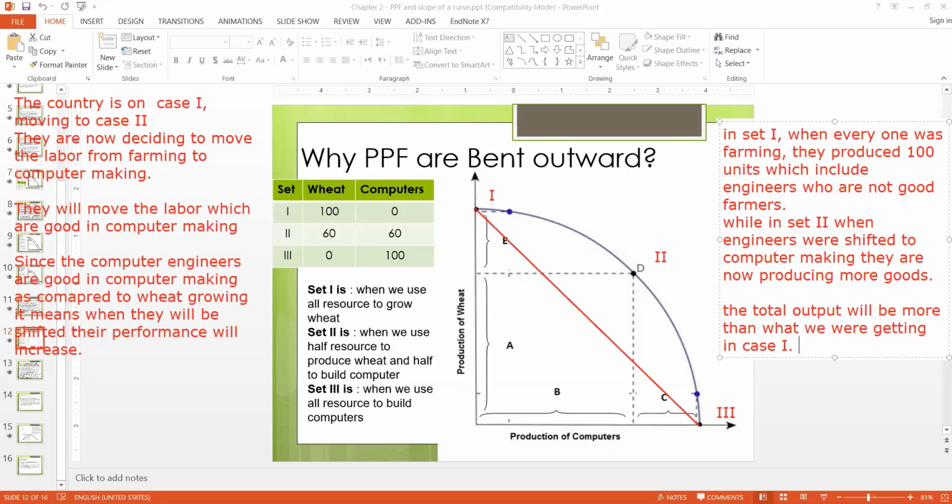When the engineers move to computer making, they are in the field where they are experts, so they are producing more, and the farmers are no longer interrupted or disturbed. So they are good in their own field. So the output is 60.